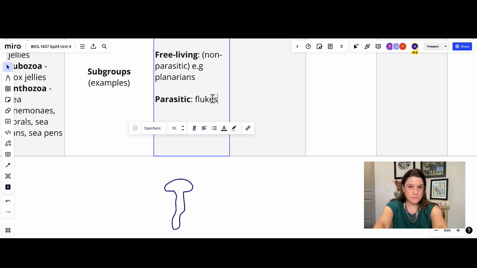Flukes have these complicated life cycles where they have hosts. One host for some types of flukes are snails. And the reason I mention this is because there's lots of snails in gardens. So if you're someone that gardens, it's good not to touch the snails usually, because you don't know which ones have fluke inside their body.